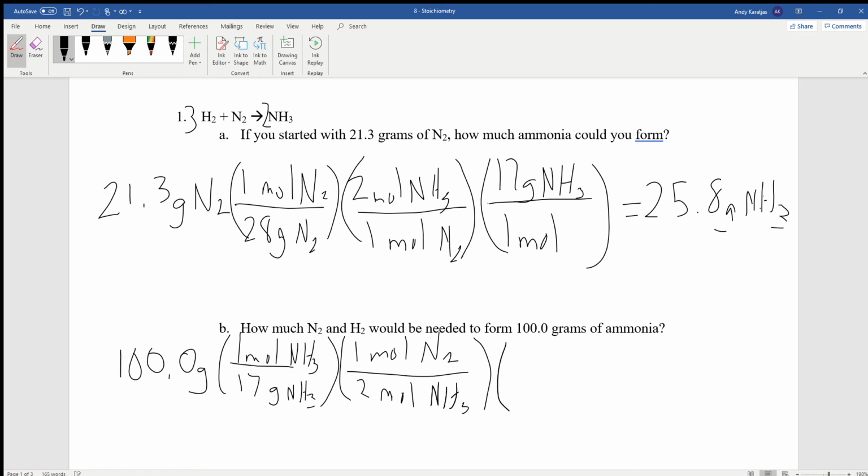And then 1 mole of nitrogen is equivalent to its molar mass, 28 grams of nitrogen. And so we get that to make 100 grams of ammonia, we need 82.35 grams of nitrogen.